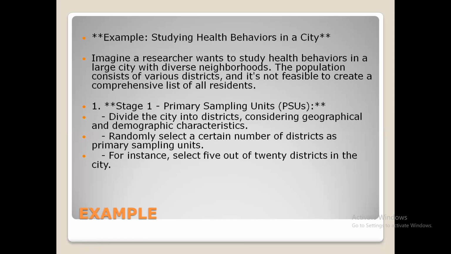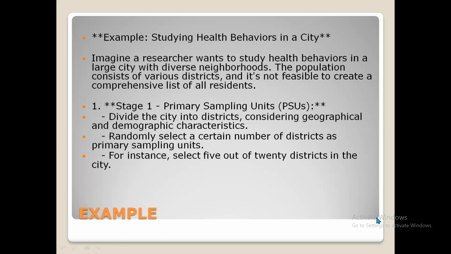Then you randomly select a certain number of districts as primary sampling units. For instance, you select 5 out of 20 districts in the city.